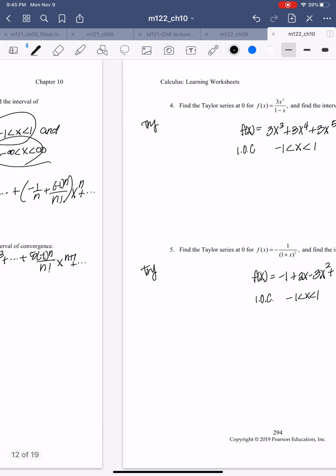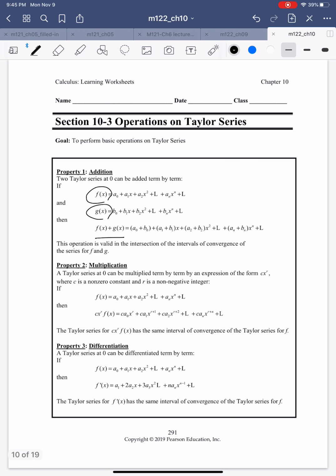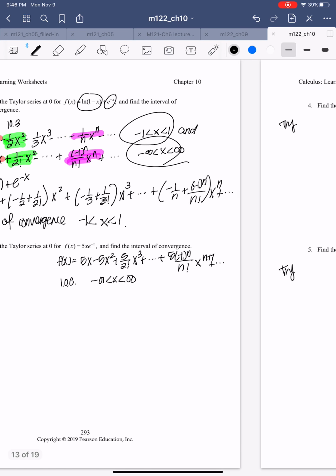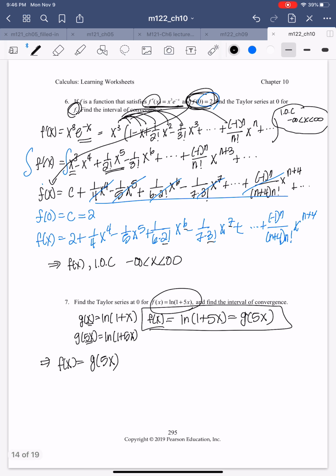Also, this is nice because I can use the multiplication rule. So we can use that as well. So let's start writing out.